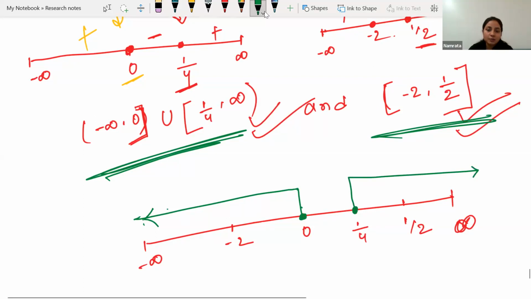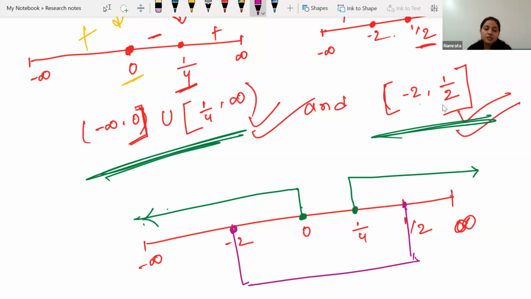The other solution I am locating downside, and we will take the intersection. -2 closed to 1 by 2 closed. What is the common region? Can you see this one is the common part? This much and this much. Yes or no?